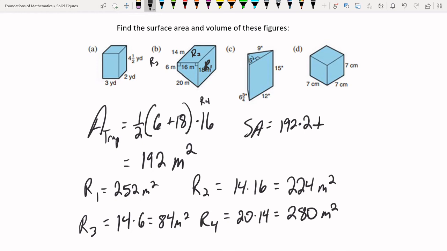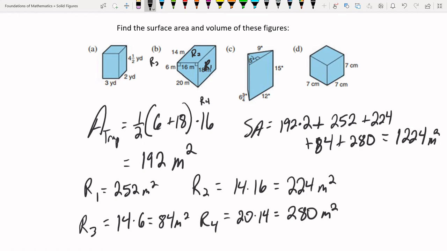And then we have rectangle 1 plus rectangle 2 plus rectangle 3 plus rectangle 4. Add these all up, and this is going to be meters squared. Again, it's an area, so it's always going to be in squared meters.